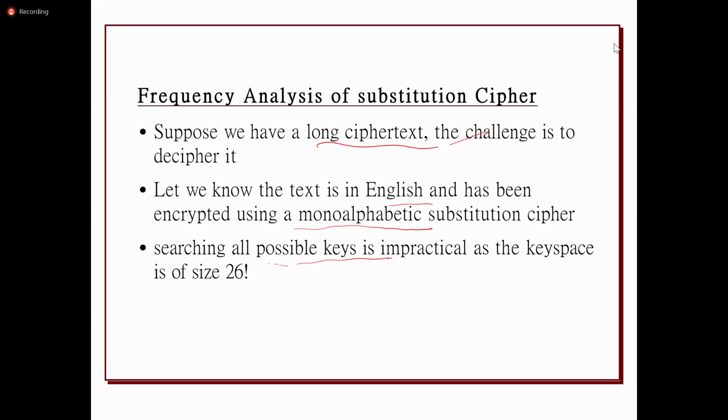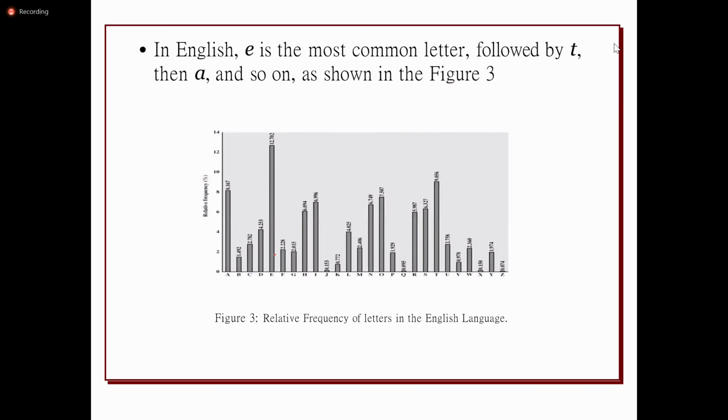Searching all keys using the substitution cipher is impossible, but frequency analysis will be there. In English, E has the highest frequency, and T is the next most used letter, and so on. By replacing the ciphertext letters with E, T, one can easily get the plain text.